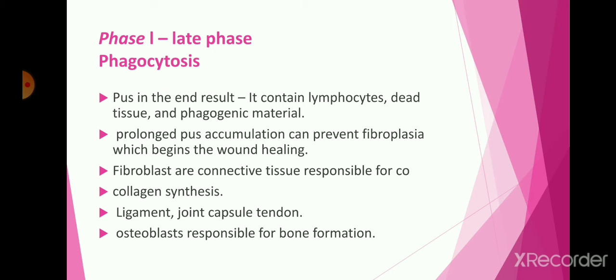So fibroblasts are connective tissue responsible for collagen synthesis, ligament, joint, capsule, tendon, and osteoblasts are responsible for bone formation. We know that at the injury site, tissue gets ruptured, and this tissue has to repair.